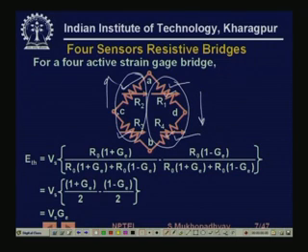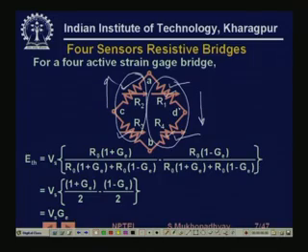Therefore the voltage difference between the C and D points is going to be equal to the sum of these resistance changes. We set up these resistances in a clever manner, as we have seen in the other sensor related lectures, so that all the resistance changes add up to the output voltage, and therefore we get an increased sensitivity. So we get a higher value of output voltage from the bridge.